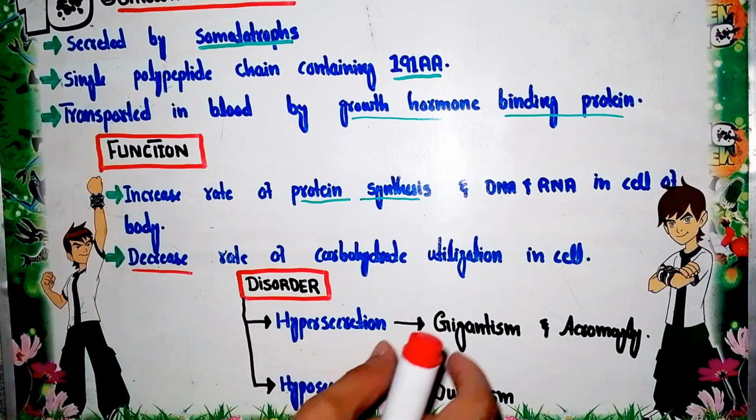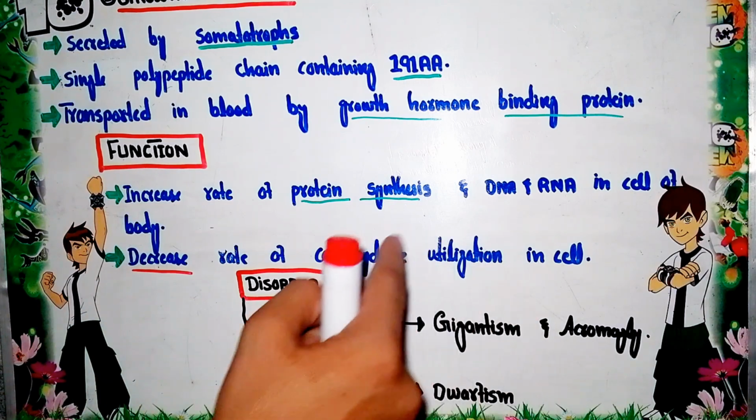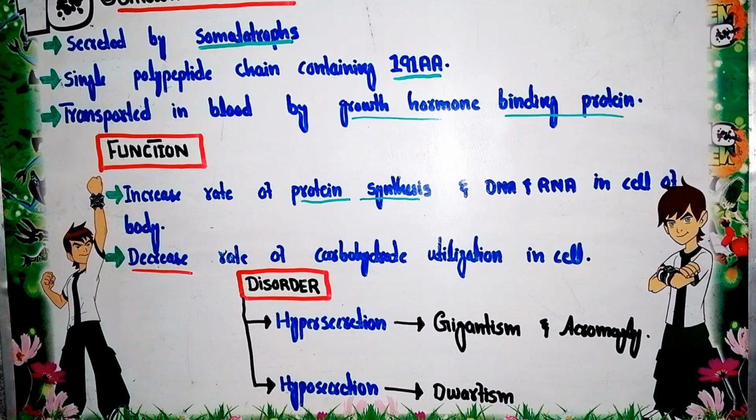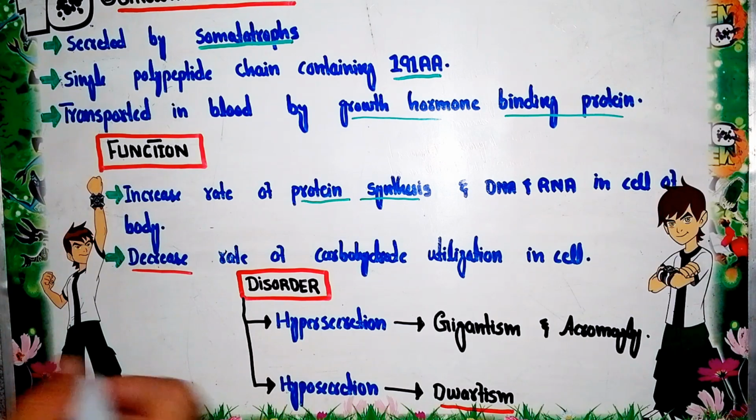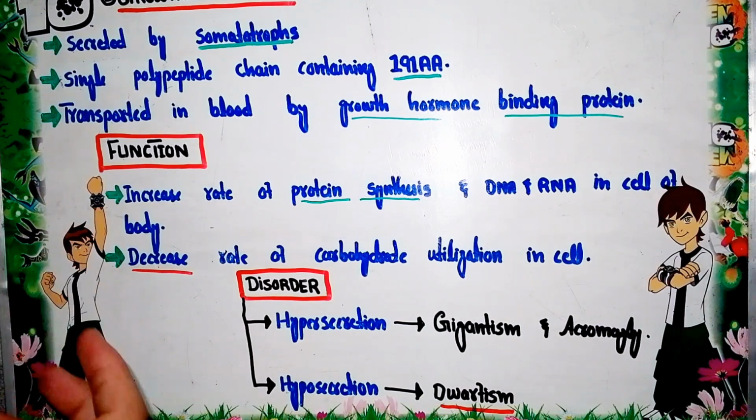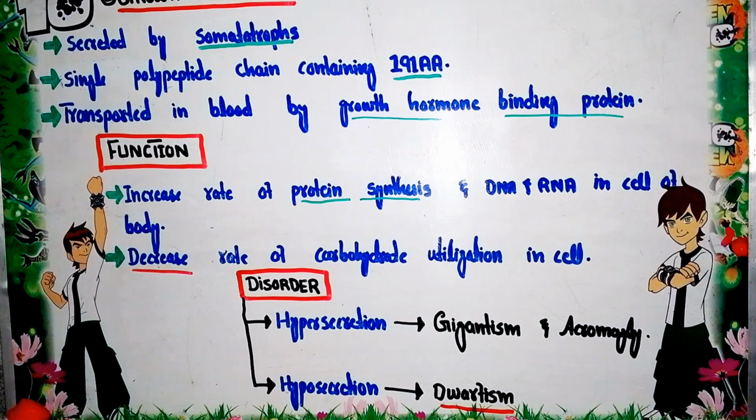When hypersecretion occurs in adults, it causes a condition that we call acromegaly. When there is a deficiency of growth hormone in children, it causes a disorder called dwarfism. These disorders we will discuss in detail in the following video lecture.